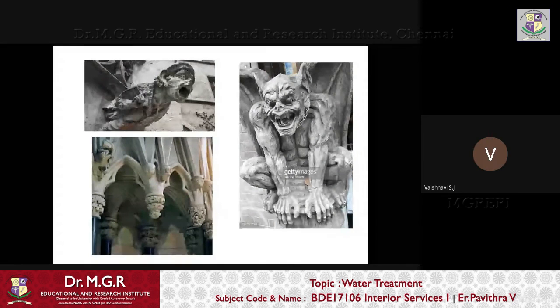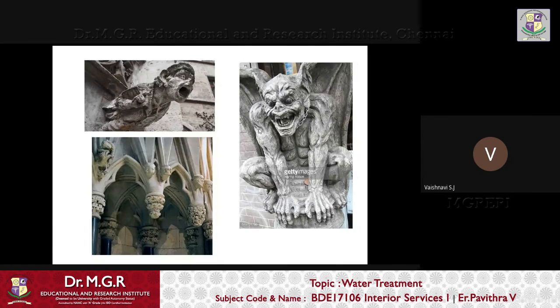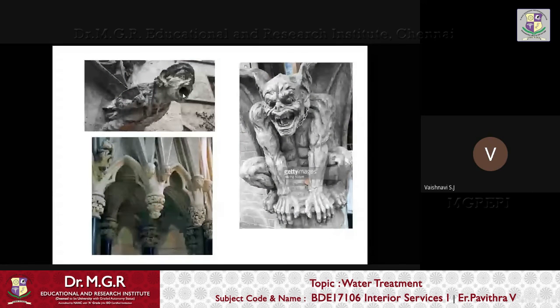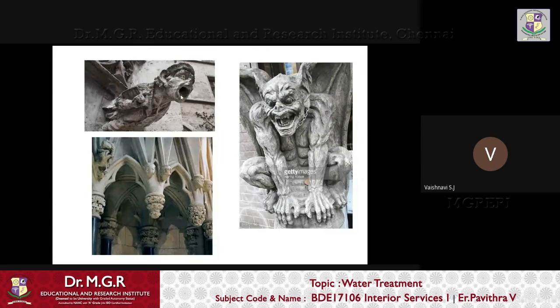So these two are images of gargoyle, and this will emit fire and this will emit fire and this will emit water. They were depicted in that kind of thing. And what are these?